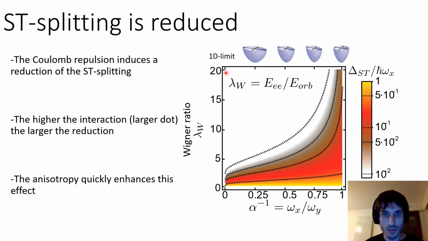What we find is that the singlet-triplet splitting decays quite fast, exponentially indeed, as a function of the Wigner ratio. Moreover, the more anisotropic your dot is, the faster the exponent in the exponential decay, so the stronger the effect.